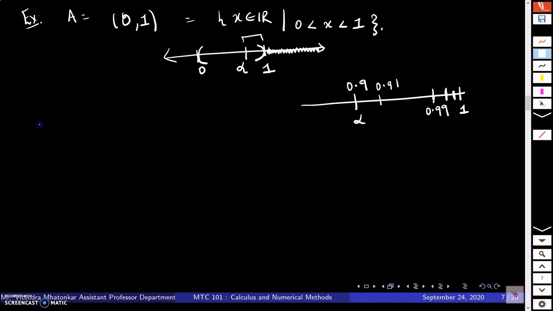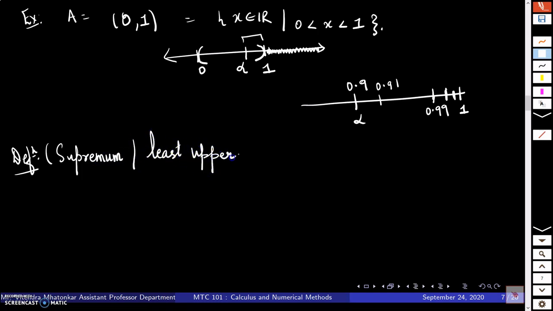Okay, so this idea motivates the definition of supremum of a set. Let's see what a supremum of a set is, or least upper bound. Another word is least upper bound. In short, you can also write it as LUB.